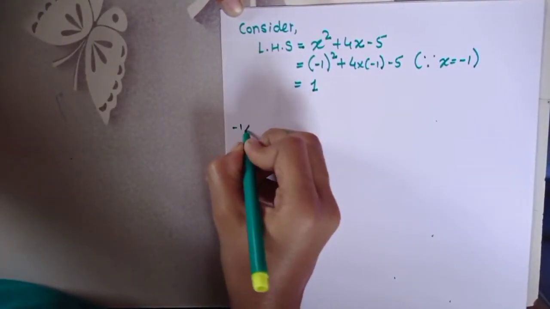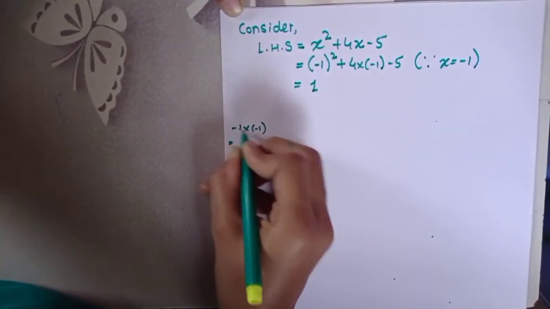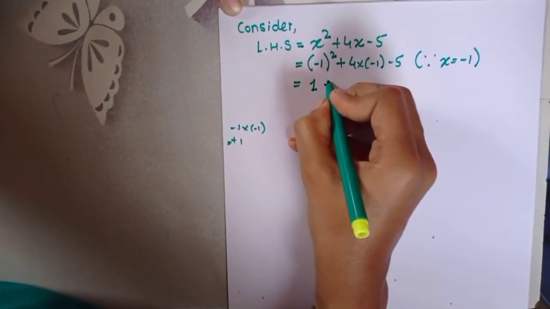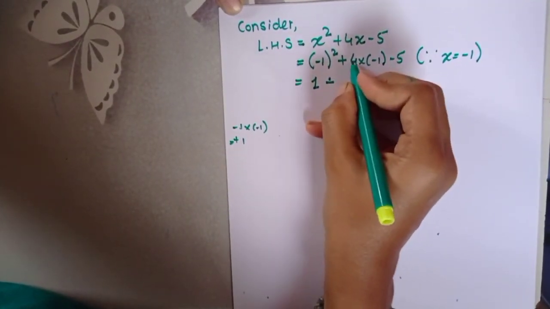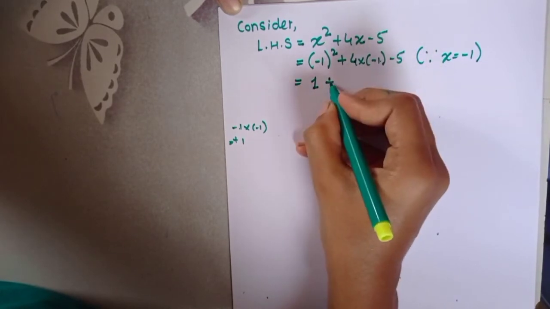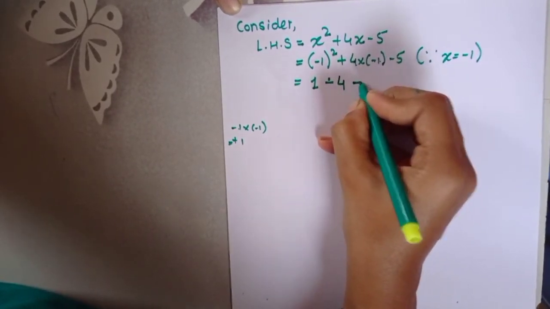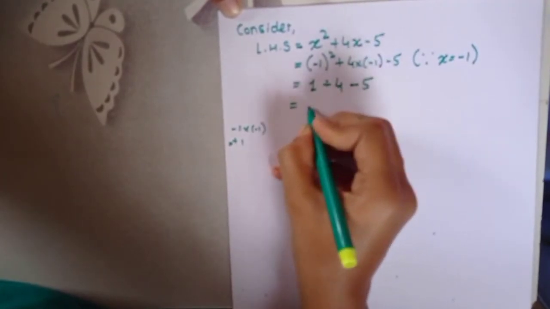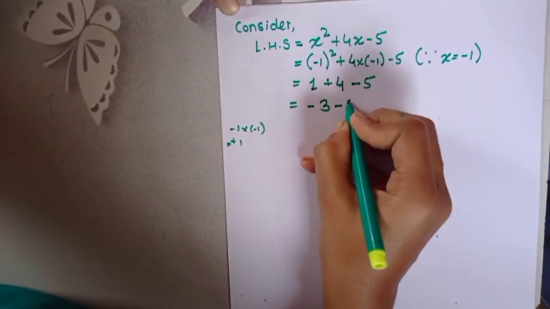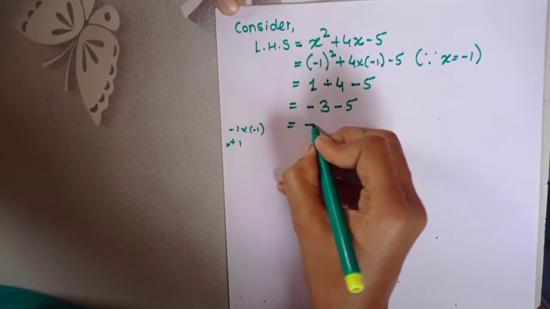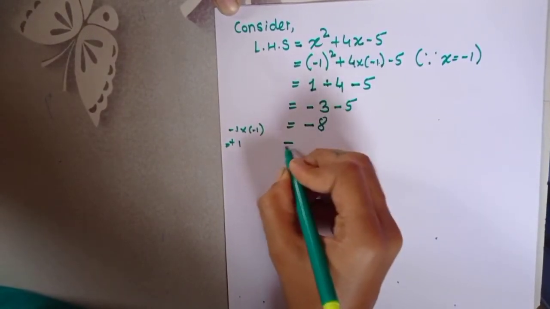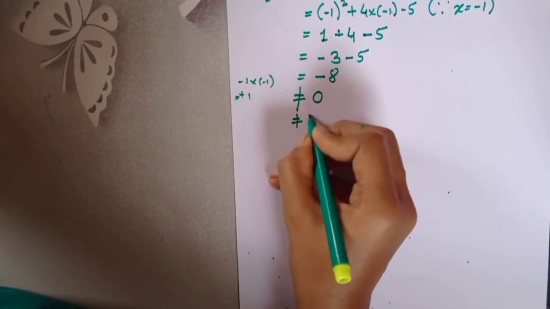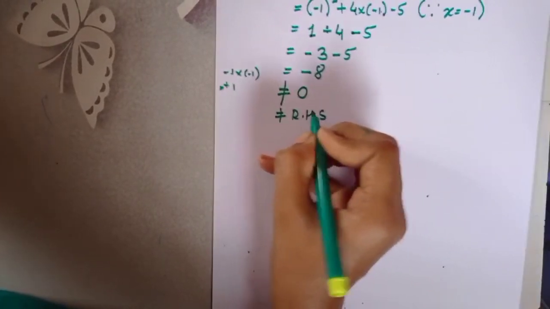minus 1 square is 1, that is minus 1 into minus 1, that is 1. Then 4 into minus 1 is minus 4, minus 5, which is equal to 1 minus 4 is minus 3, minus 5, which is equal to minus 8, which is not equal to 0, that is not equal to RHS.